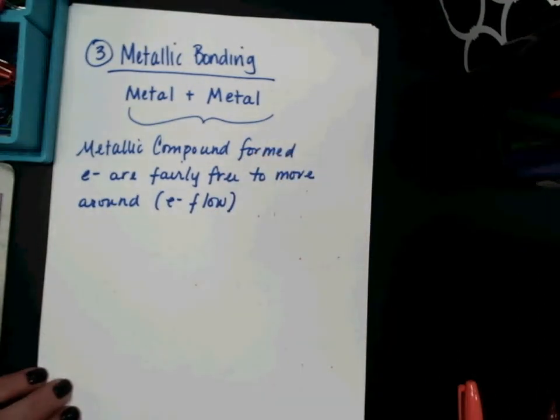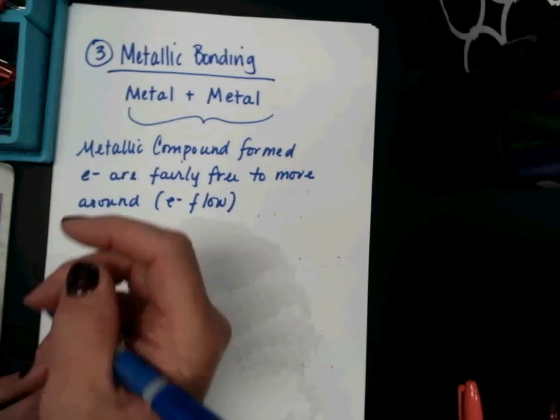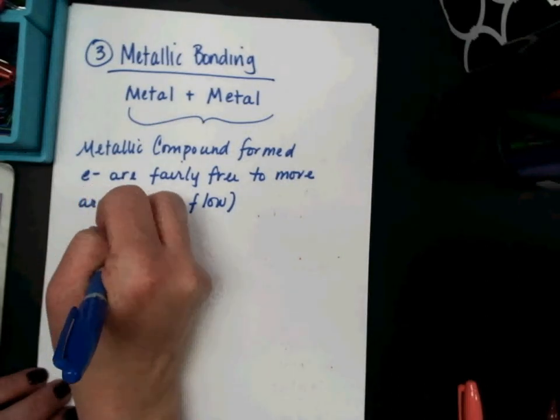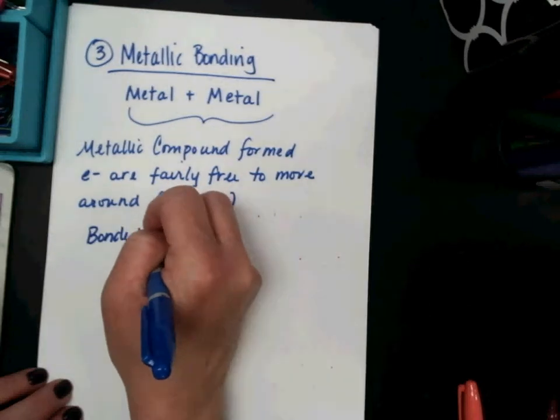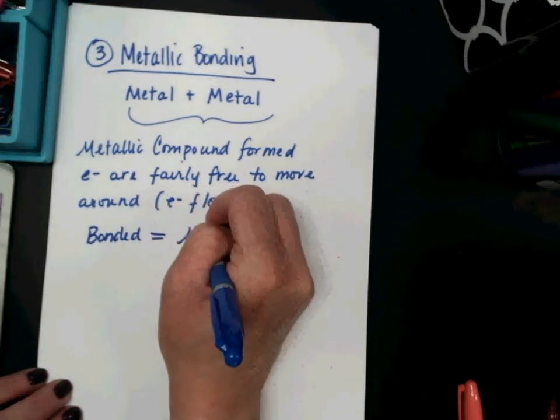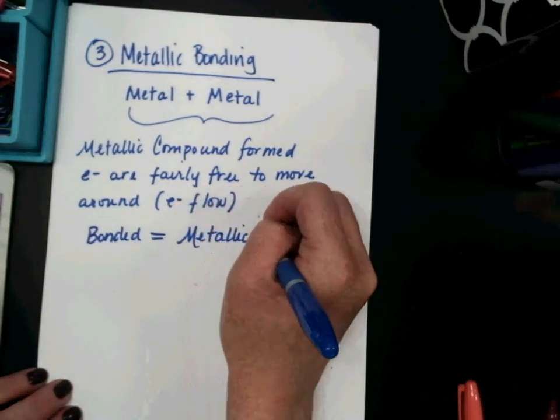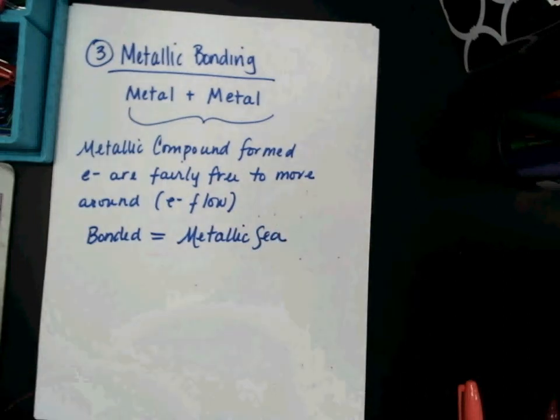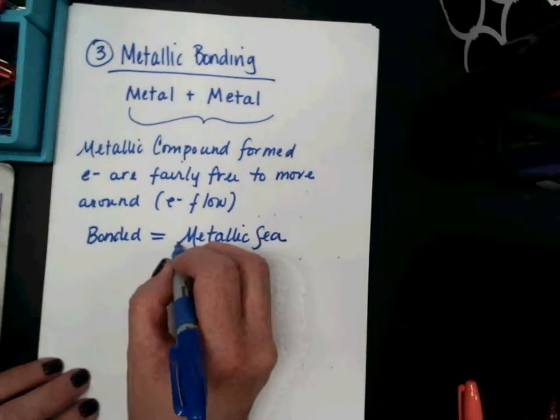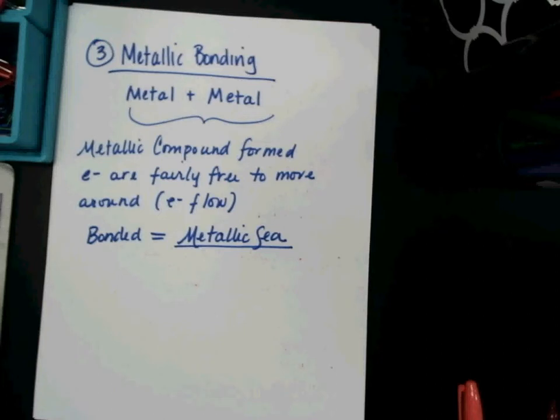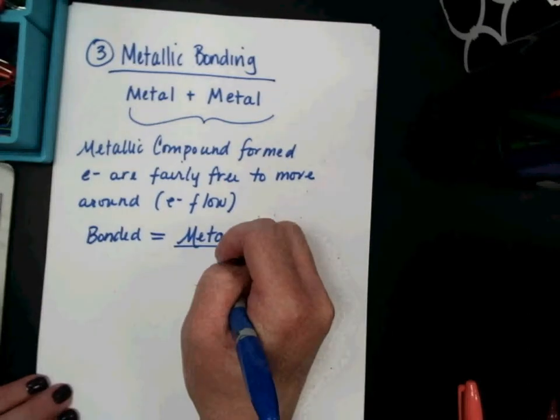And because they're able to flow from one element to the next in this bond, this type of bonding is called sometimes the metallic sea, as in ocean, not the letter C, because those electrons are free to flow about from one atom in the compound to the other.